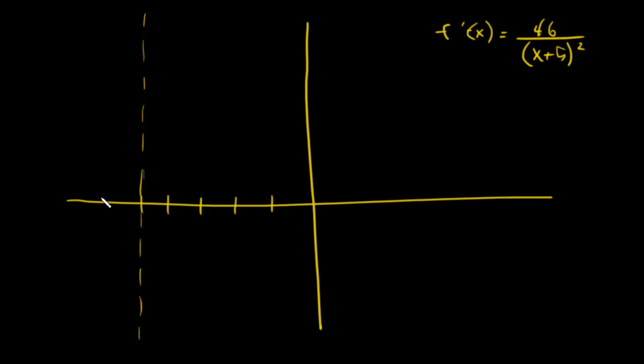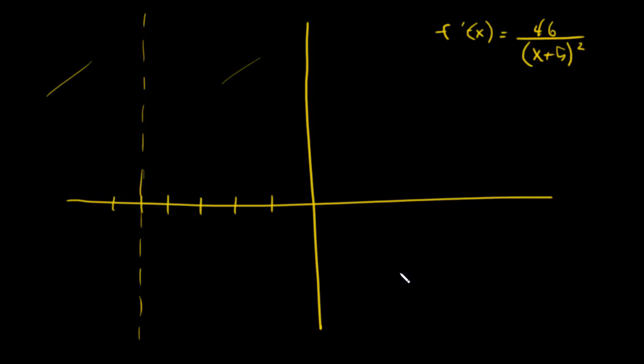I want to plug in a test value that is less than negative 5, maybe negative 10, doesn't matter, because whatever value I put in here is going to get squared. So the bottom is always going to be positive no matter what I put in. Top is always positive. That means I have positive slope on either side of this vertical asymptote.